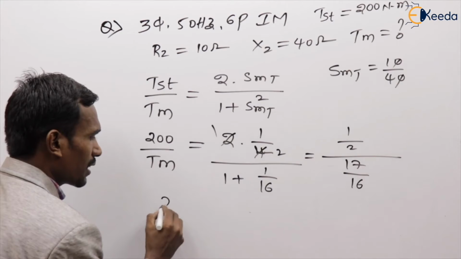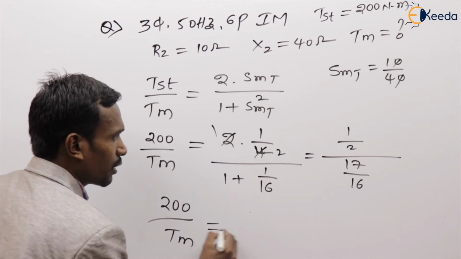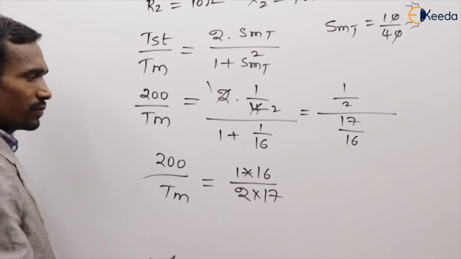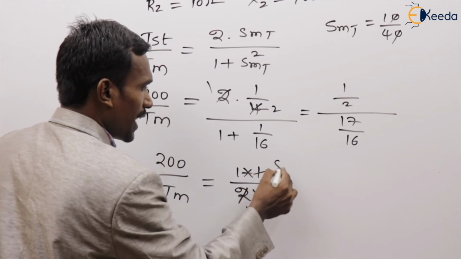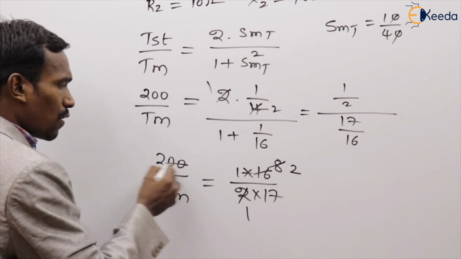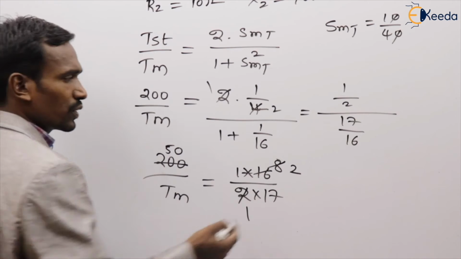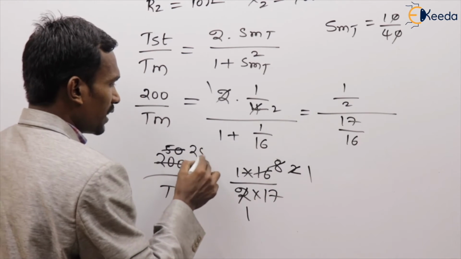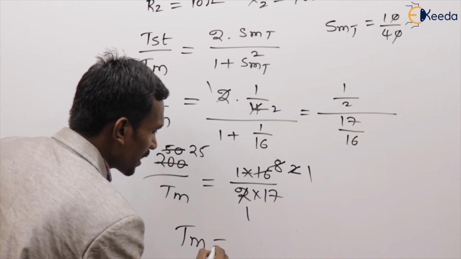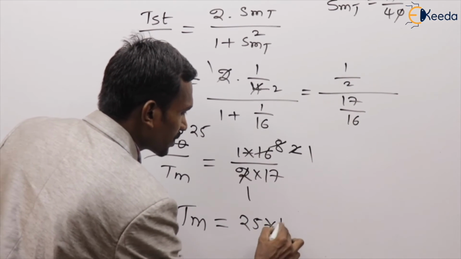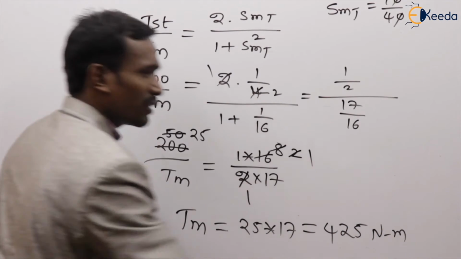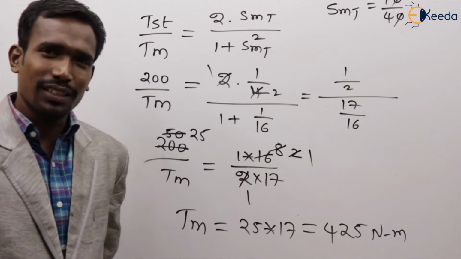Now I want the maximum torque. 200 by maximum torque is equal to 1 into 16 by 2 into 17. 2 eights are 16, 4 twos are 8, 4 fifties are 200, 2 25s are 50. So the maximum torque is equal to 25 into 17. 25 into 17 is 425 Newton meters.